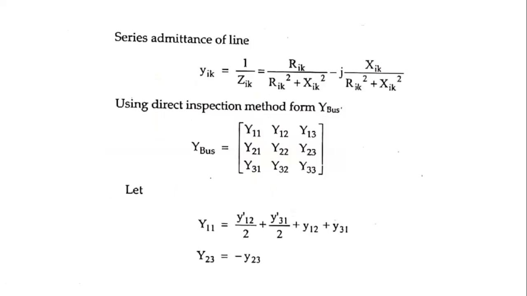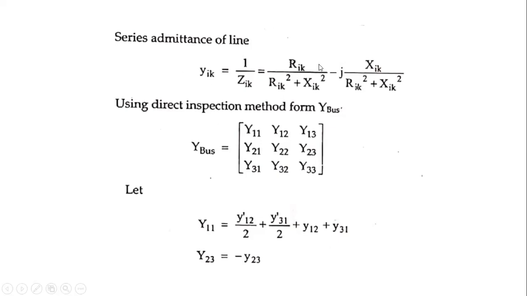Now, how many buses are there? We have 3 buses, therefore the dimension of the Y bus matrix is 3 by 3. Then Y bus is equal to Y11, Y12, Y13, Y21, Y22, Y23, Y31, Y32, Y33.